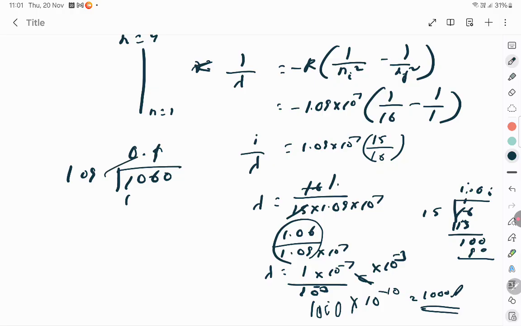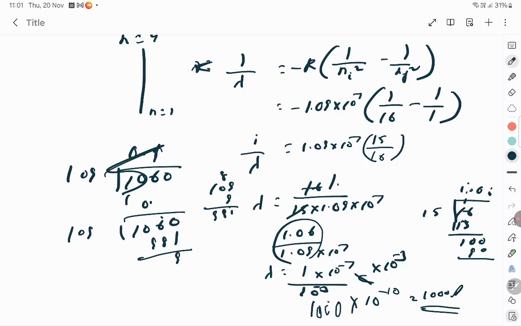Divide 106 with 109. It is 0 point, you will do this. And then 109 into 9s: 9 9s are 81, 9 zeros are 0, 9 1s are 981. So the remainder will be 9 here and 5 15, so 7. This will become 979. So what did I get? 0.9.